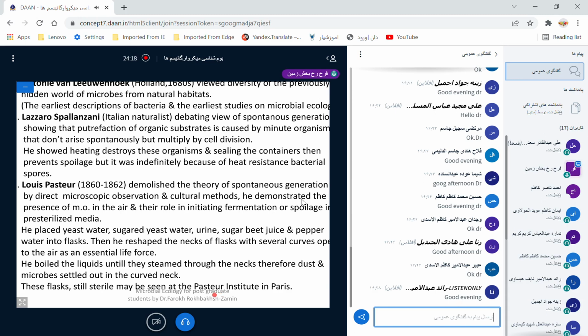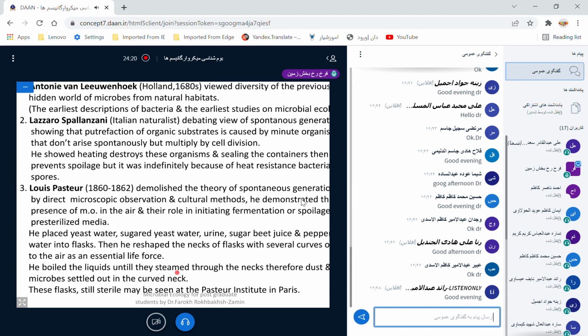Louis Pasteur was lucky, because after this experiment, some scientists showed that with another liquid this rule was not approved.